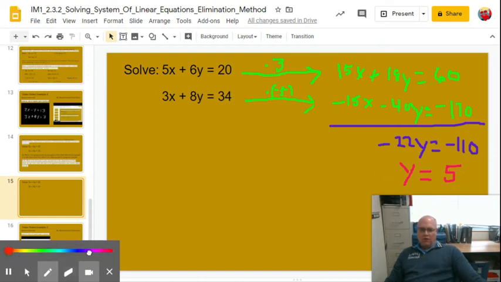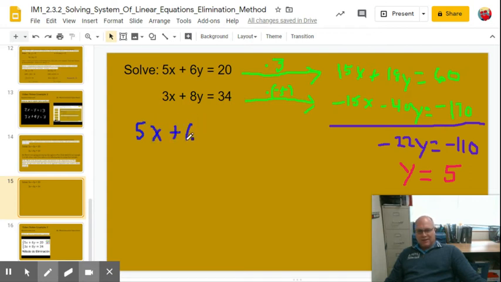So what we want to do now is take that 5 and substitute back into one of the equations here for the y. Let's do the top equation. So I'm going to go 5x plus 6 times my 5 here for the y equals 20.